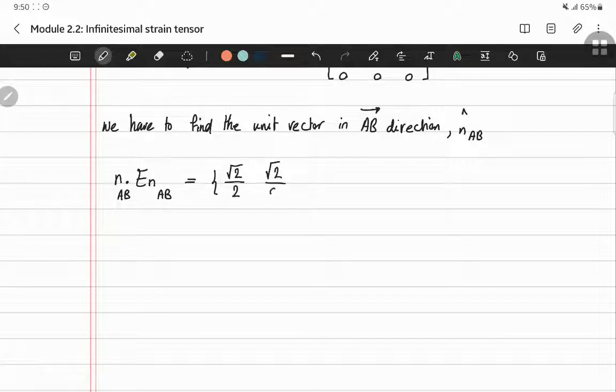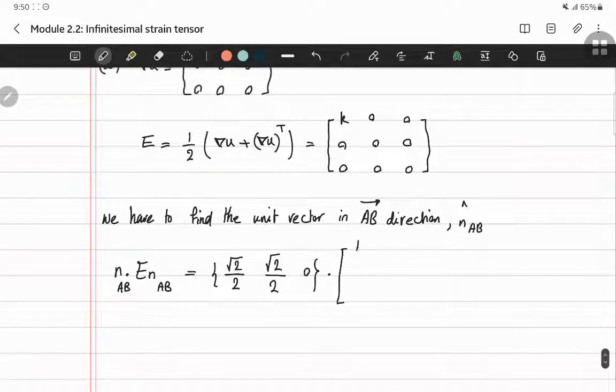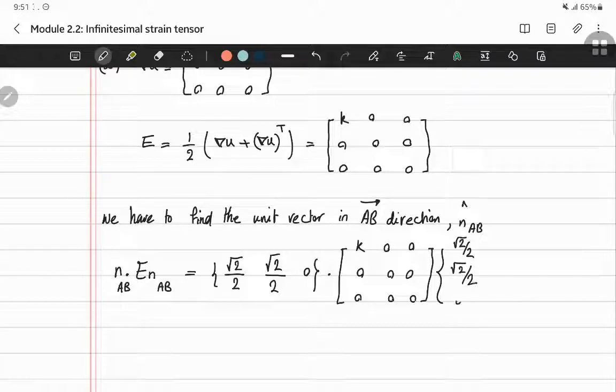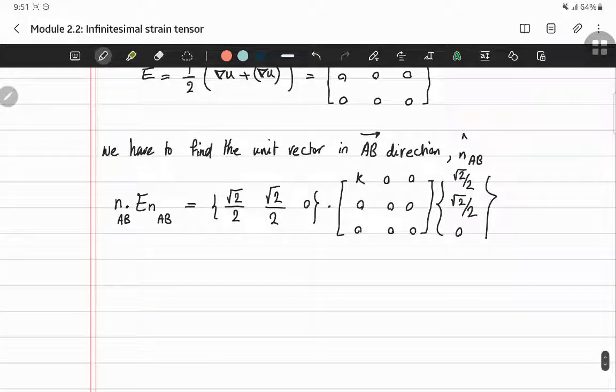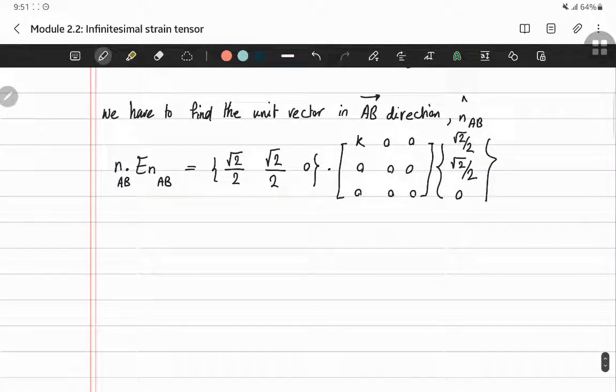Then we also have a component in the y direction, and this is 0. Dot, sorry, we have k in here and 0 for the rest, and then N again, square root of 2 divided by 2, and 0.